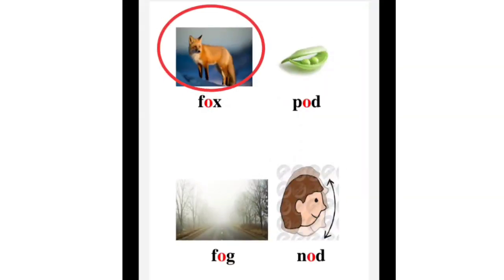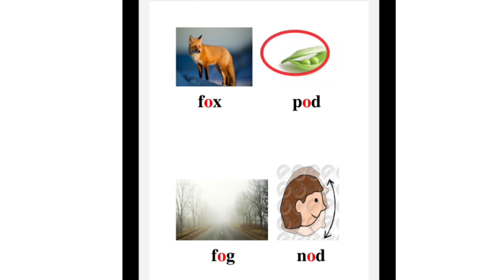First picture is fox. F-O-X, fox. Fox is a wild animal. Next one, pod. P-O-D, pod. A pod is a covering of peas, like the saying, 2 peas in a pod.